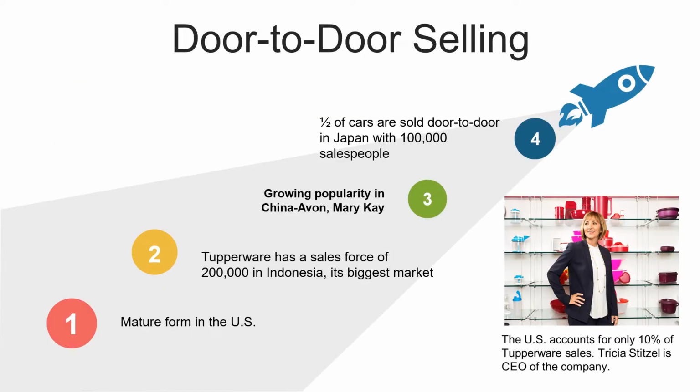Door-to-door selling. In Japan, the biggest barrier facing U.S. auto manufacturers is not high tariffs; rather, it's the fact that half of the cars sold each year are sold door-to-door. Toyota and its Japanese competitors maintain showrooms, but they also employ more than 100,000 car salespersons.